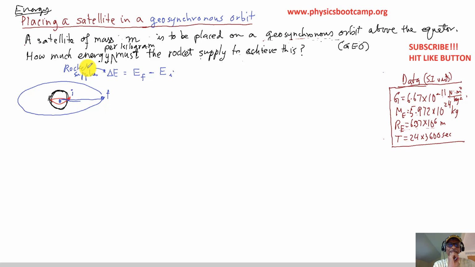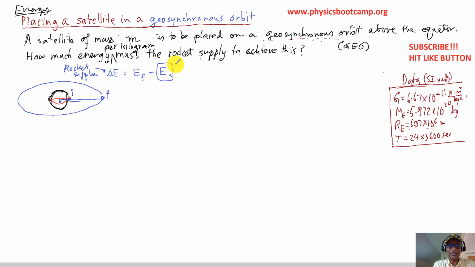Okay. Now the formula for these we need to figure out. That's what it looks like, right? So at this time, when you are looking at the rocket, it will appear the rocket is at rest, right? So it will appear the kinetic energy is 0.